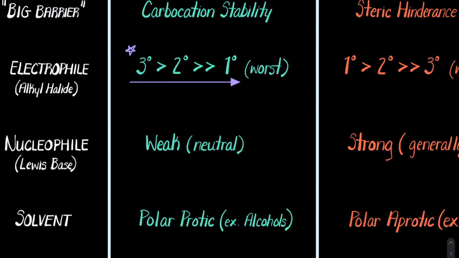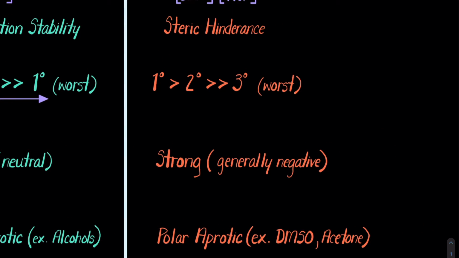It can either be negative or it can just be a neutral atom with electrons in its valence shell. On the other hand, the SN2 needs a strong base, something with a negative charge. Honestly, the negative charge is going to be most favorable. So this is going to attack the substrate. The leaving group will leave as the new bond is being formed.